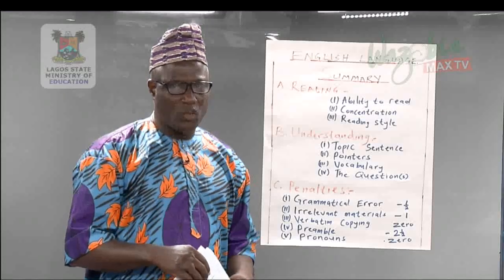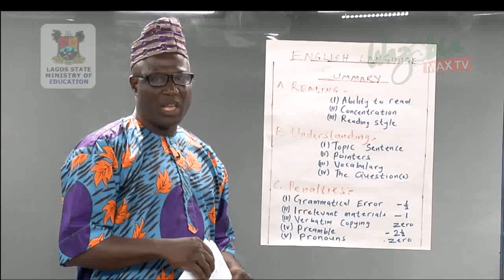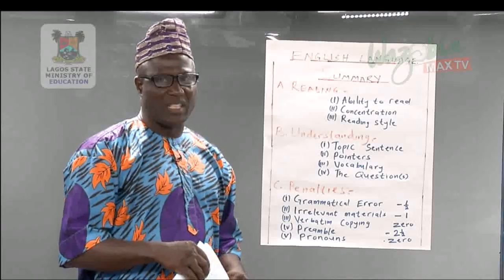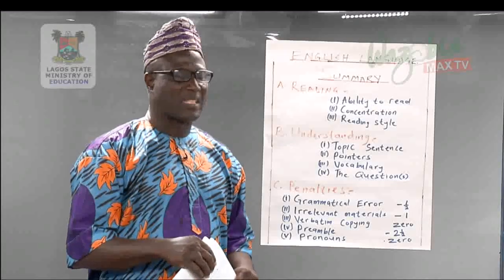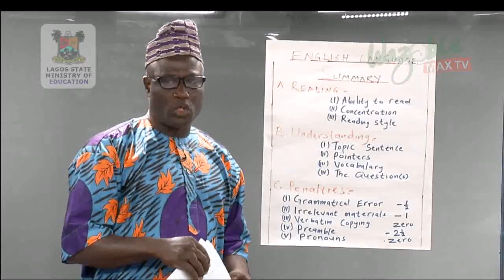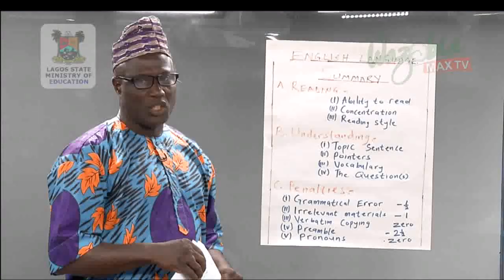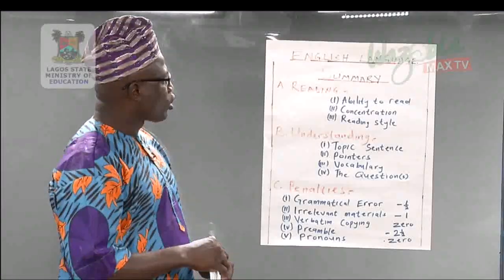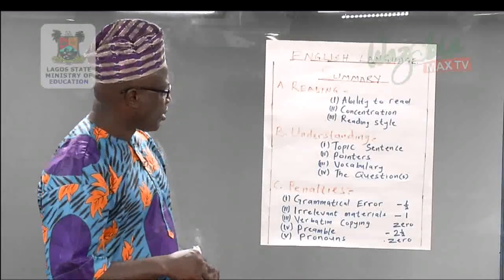A good candidate who wants to pass summary should have adequate and extensive concentration on the passage. As students, please make sure you don't allow anybody to distract your attention from your passage. If you do, you are going to lose touch of the meaning and the messages in the passage.